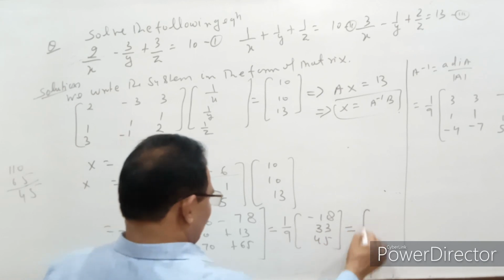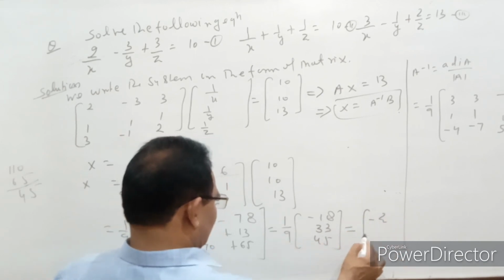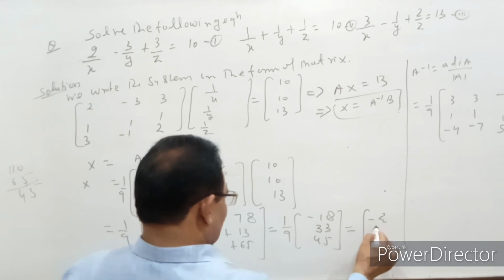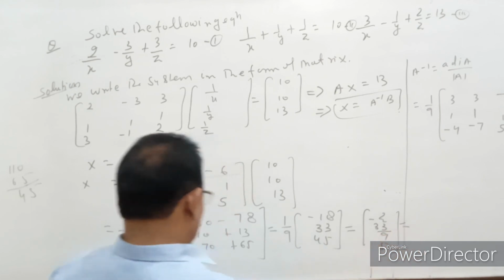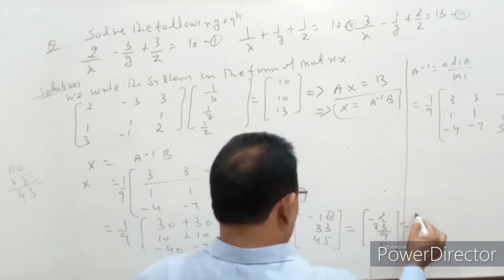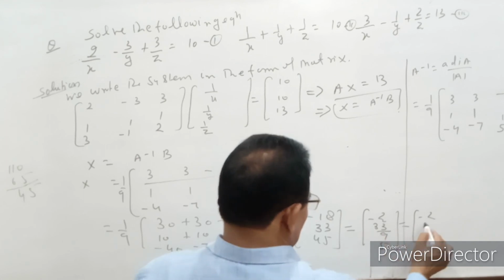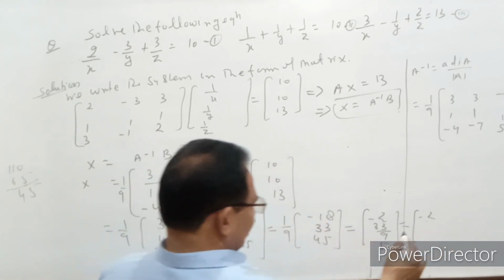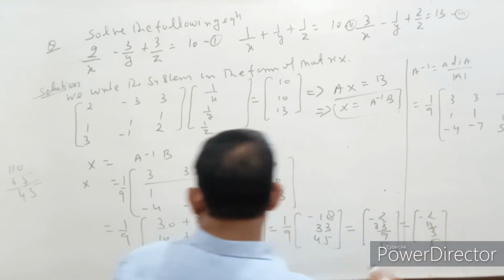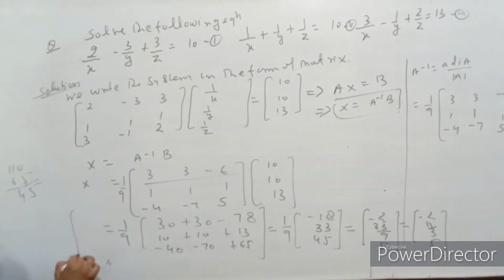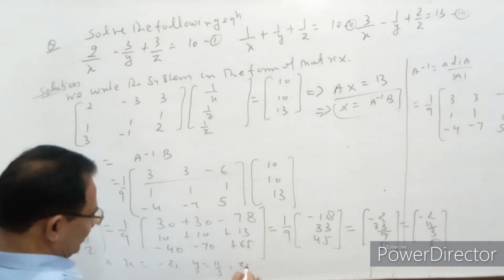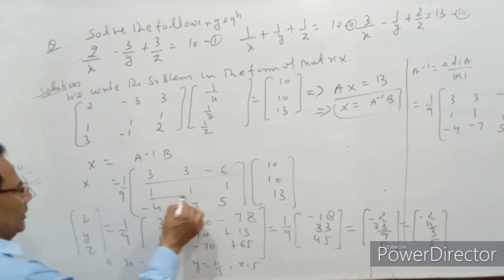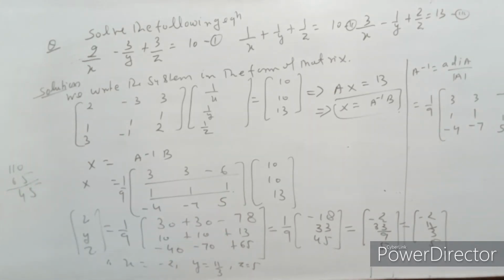This is equal to -2, that is 33 upon 9, that is 5, this is equal to -2, that is 11/3, that is 5. तो therefore x, y and z: x is equal to -2, y is equal to 11/3 और z is equal to 5. Please check again the cofactor of second row.